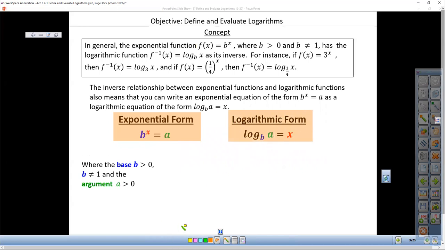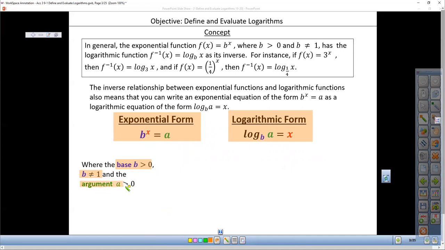So one of the things that we want to understand is, remember that for an exponential function or this exponential form, our base has to be a positive number and cannot be equal to 1. And the reason we exclude 1 is since 1 to any exponent is 1, we don't get exponential growth or exponential decay. We just get a horizontal line.